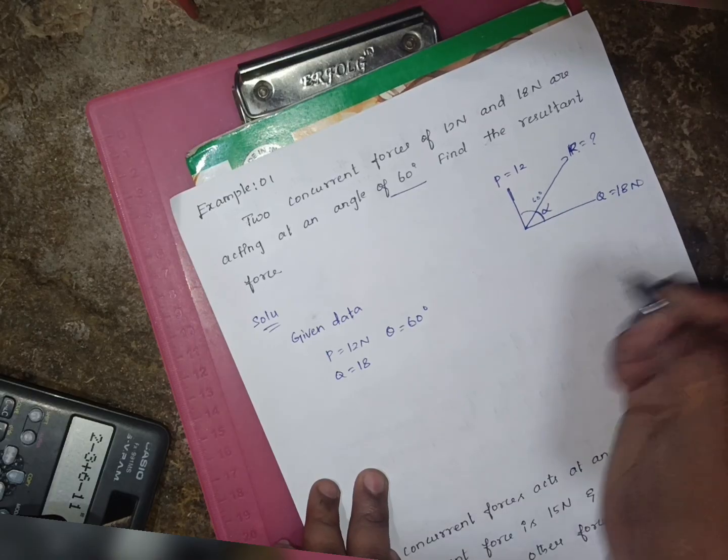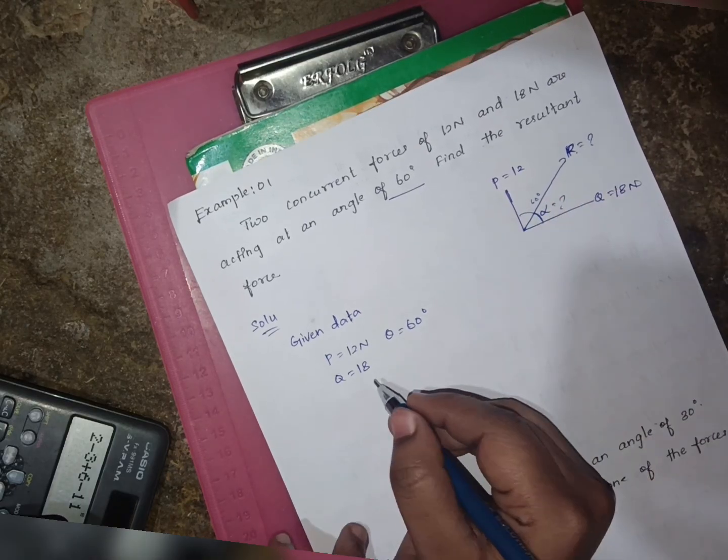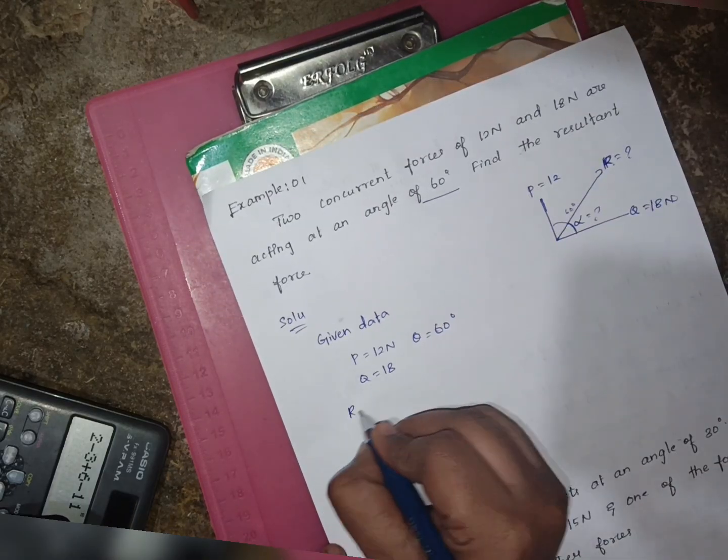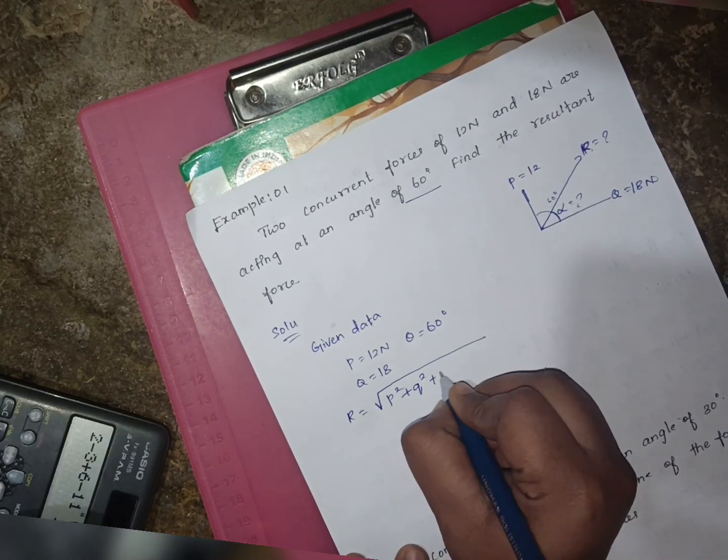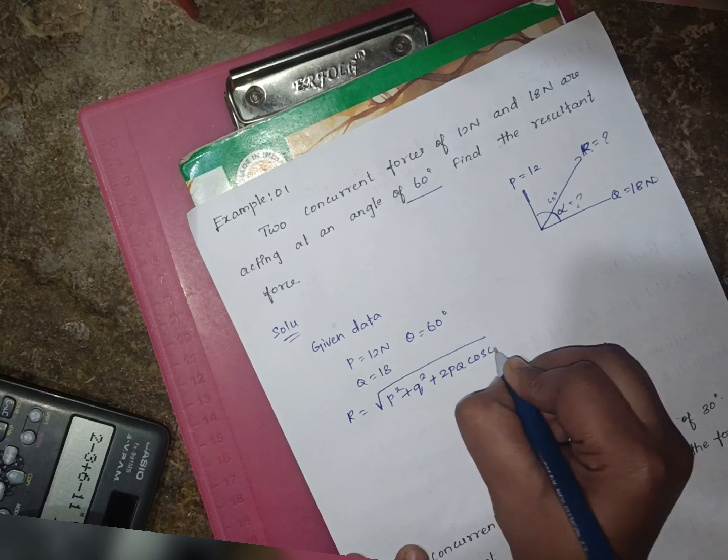We don't know the alpha value. We know the resultant force formula: R equals root of P square plus Q square plus 2PQ cos theta.